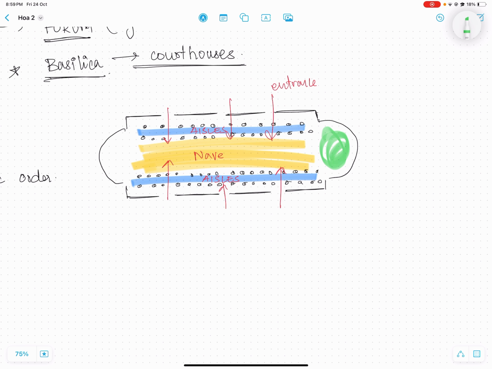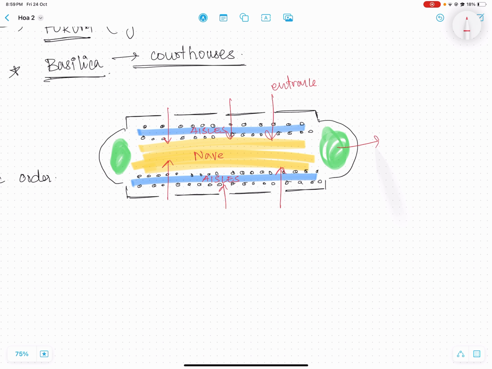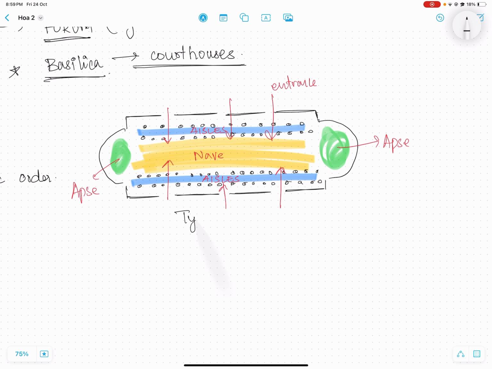And this space on the sides, the semicircular stuff, are your apses. And this is your typical Roman basilica.